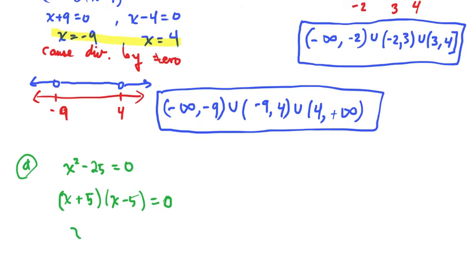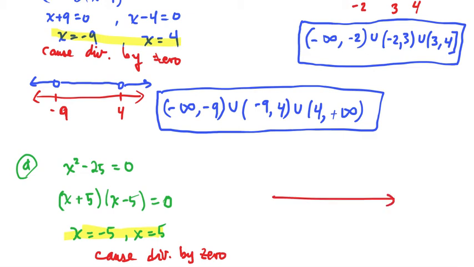So let me solve this quadratic quickly here. So x could be equal to negative 5, or x could be equal to positive 5. And again, these would cause division by 0. So our actual answer is all real numbers that are not equal to 5 or negative 5.